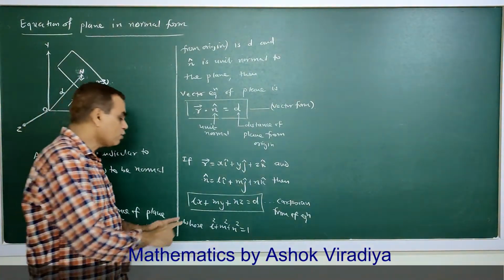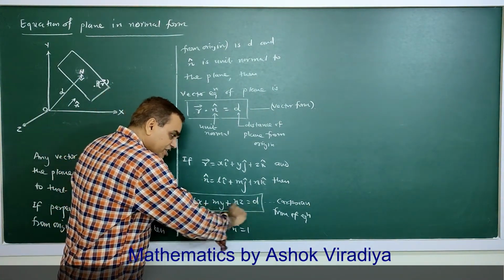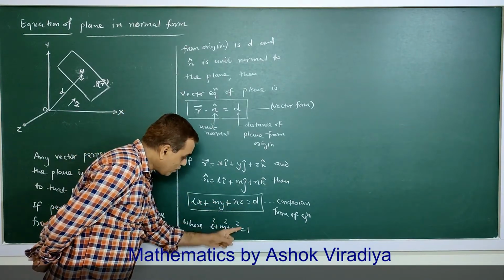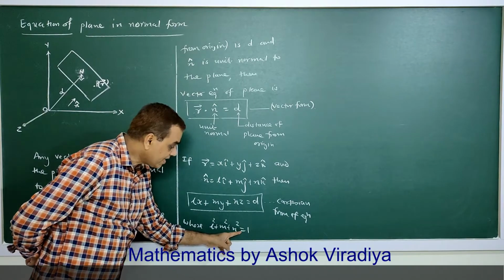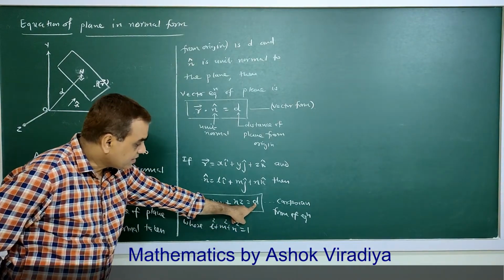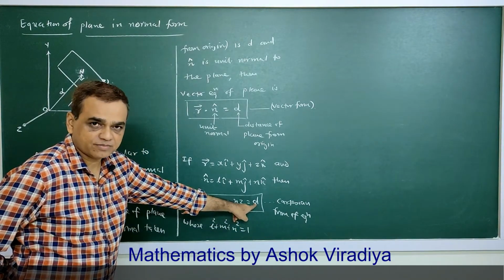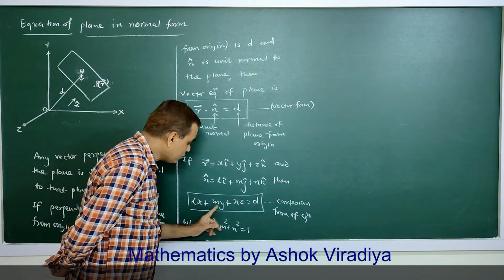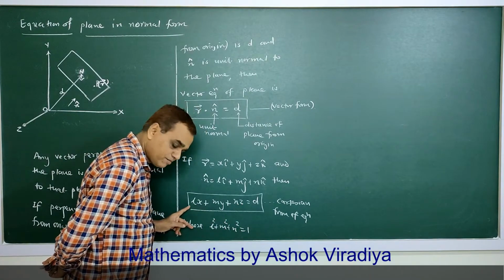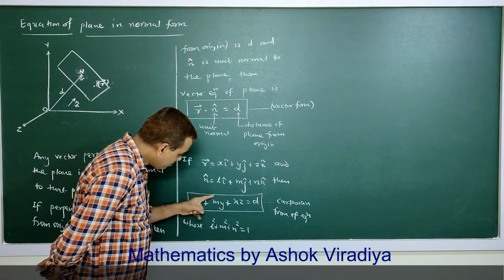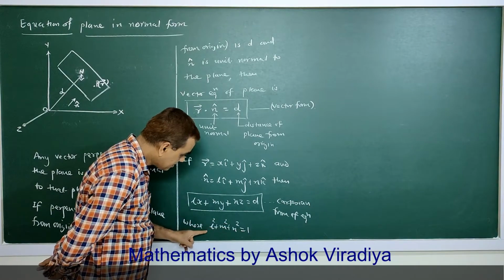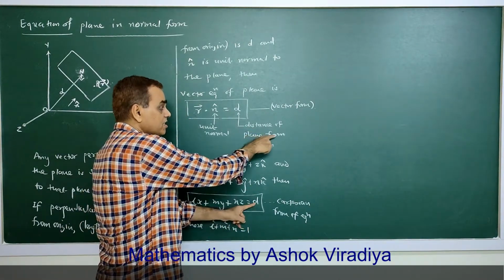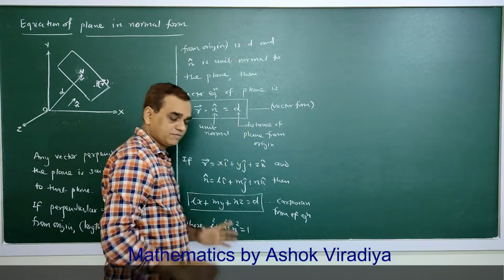So whenever you have any equation in Cartesian form and the sum of squares of these coefficients is 1, then and only then this d represents distance. Okay, remember this statement. Whenever you have the equation of a plane in Cartesian form and the sum of squares of these coefficients is 1, then and only then d represents the distance of a plane from origin.